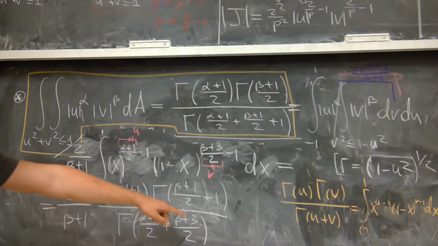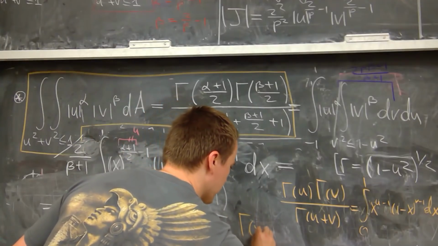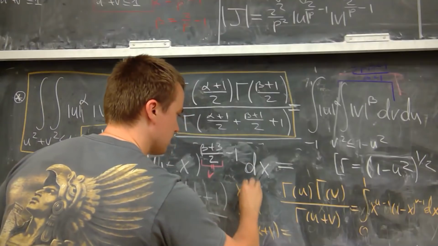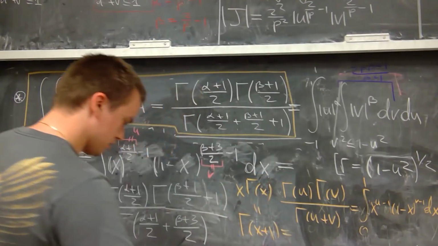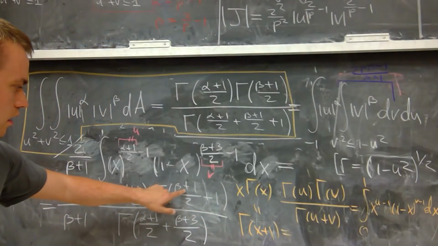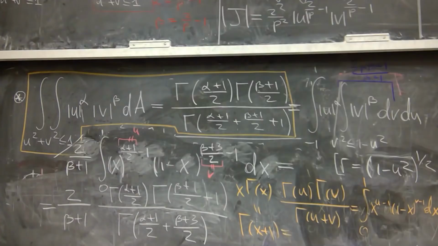And here we use the property of the gamma function that we discussed before, that gamma of x plus 1 equals x gamma of x. So in this case, I can see that my x is beta plus 1 over 2, and the factor is 2 over beta plus 1.